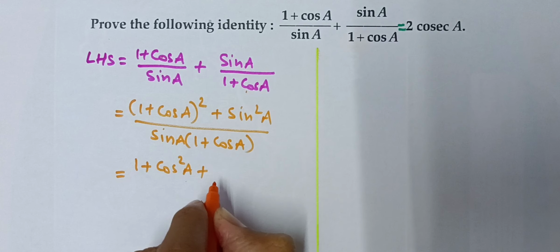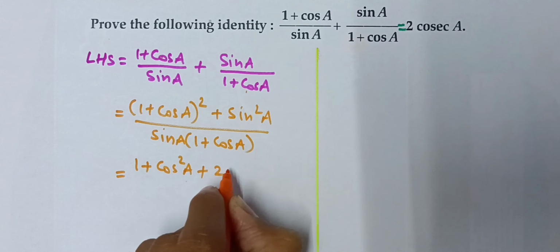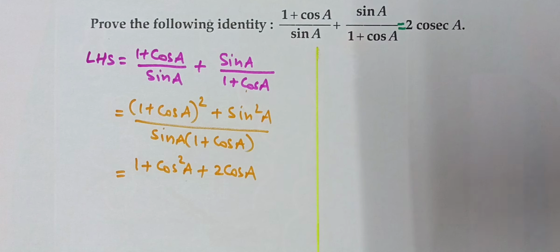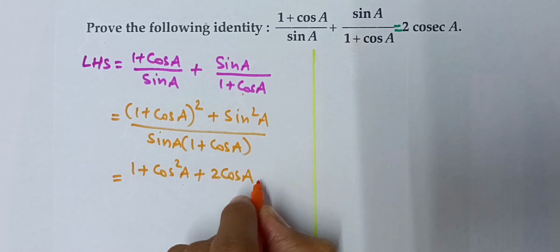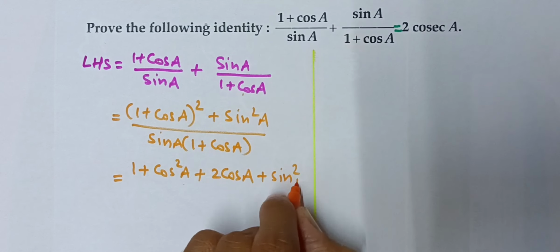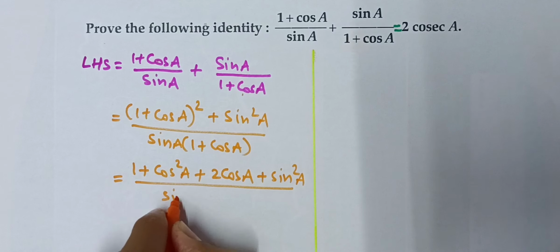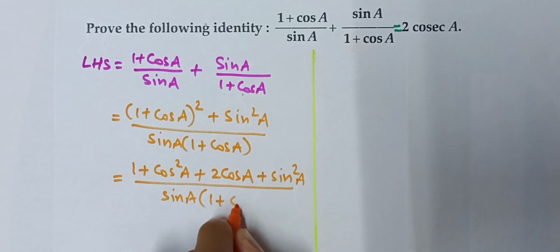It means 2 into 1 into cos A, so that is 2 cos A. For the 2AB term, first multiply A and B, it means 1 into cos A, then after that 2, so it becomes 2 cos A. Plus sin square A. Denominator written as it is without original multiplication.